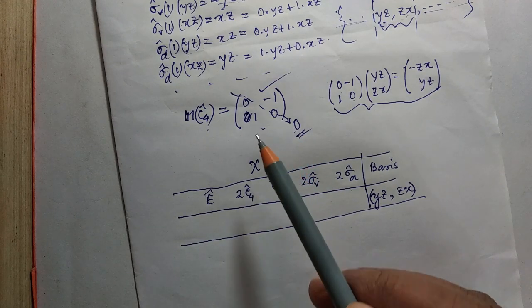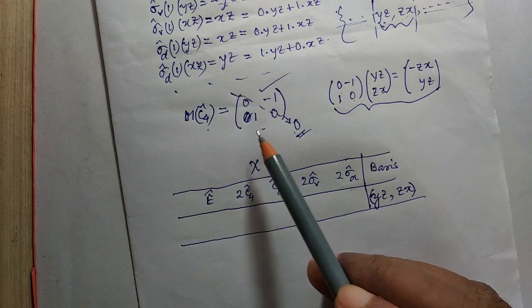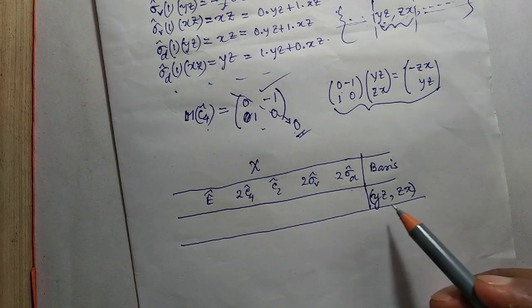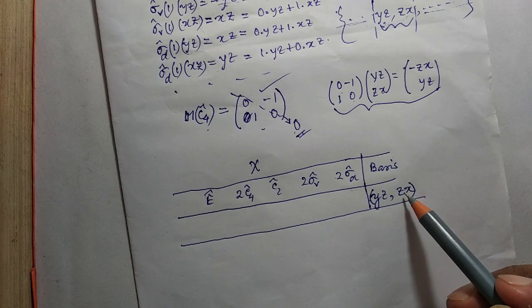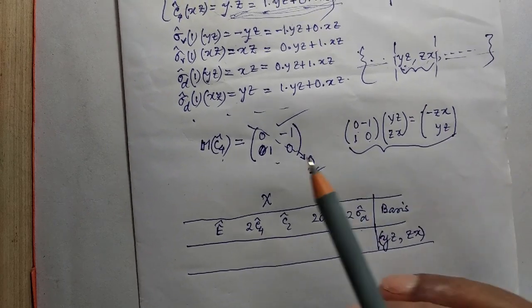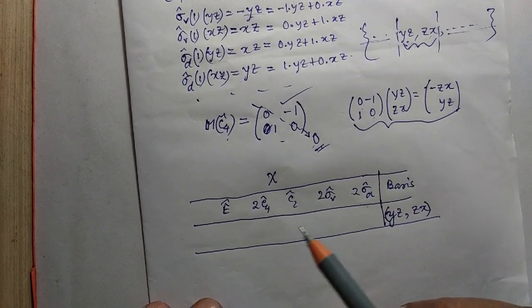It is irreducible because you cannot reduce the size of the matrix further, because you cannot separate these two functions from one another by any of the symmetry operators of C4V. That is why the representation is irreducible.